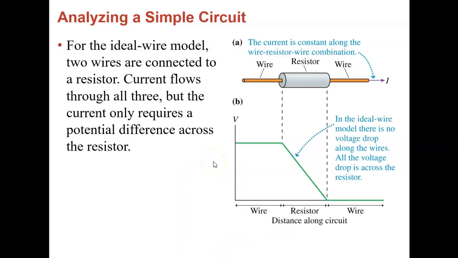Now the interesting thing with this, if we look at the voltage moving through things, the voltage across a resistor drops. That means the potential difference drops across a resistor, which means that the potential difference is the highest right as the current comes out of the battery.